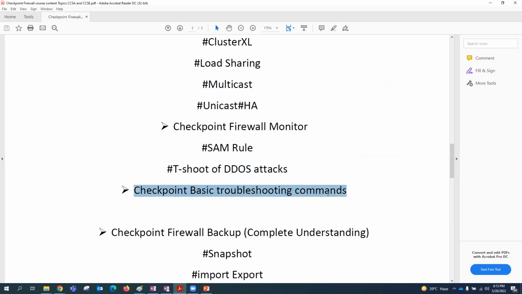Then some basic troubleshooting commands, which I think every person in the industry who is working on the Checkpoint should know. There are multiple commands. Although when we talk about the next generation firewall, it is said that their GUIs are far better, and they are all GUI based firewalls.